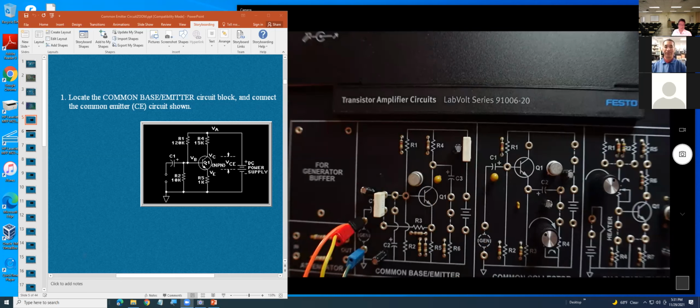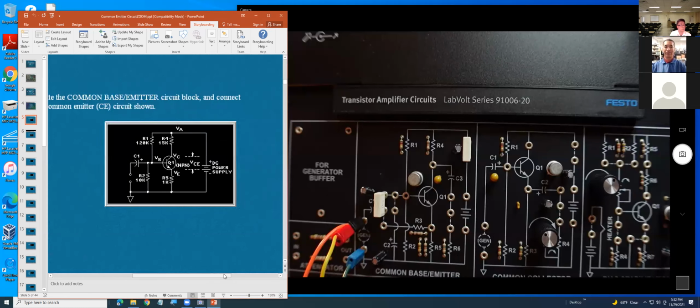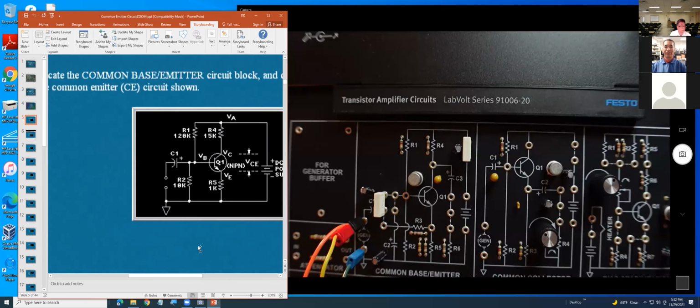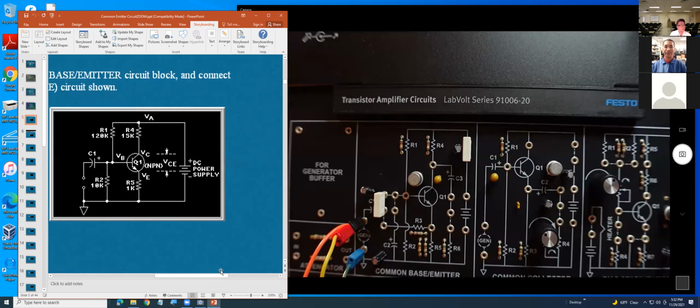Is it correct with the circuitry they wanted or not? You can see the circuitry they wanted.